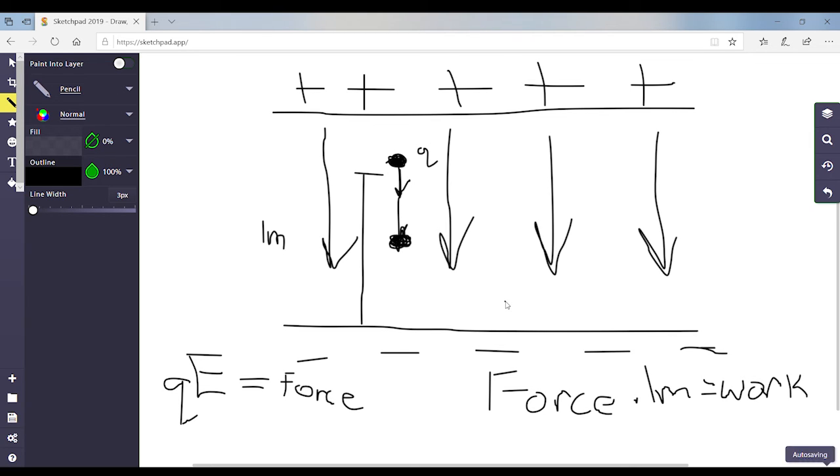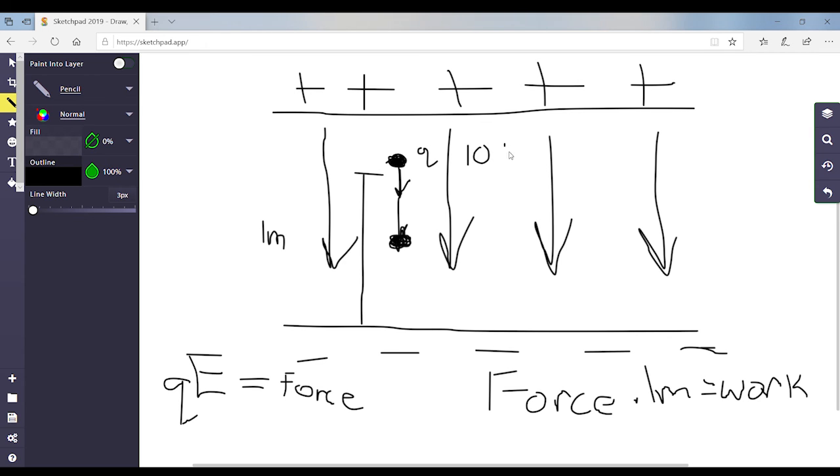And so let's say it moves down half a meter. That would mean it would lose half of its potential energy, and that potential energy would be converted into kinetic energy. Just like in our other example, except now it's an electric field, not a gravitational field.